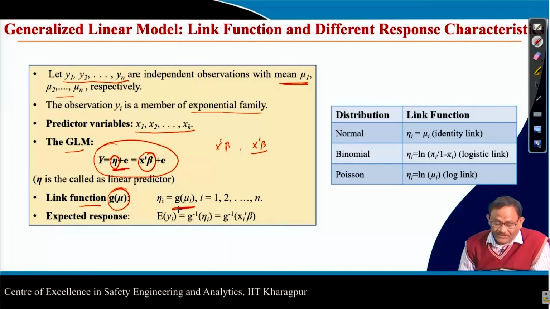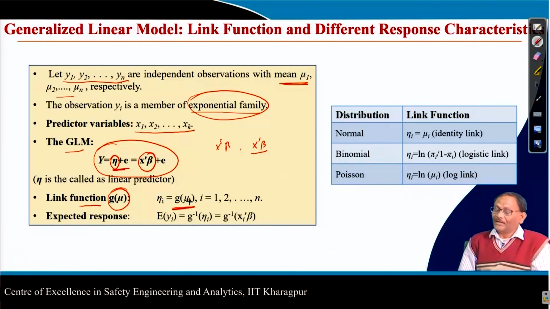This is the important part you have to understand. The issue is, if I can identify g of mu for a particular family of distribution, then my purpose is served. So depending on which distribution y comes from, g of mu will be determined.